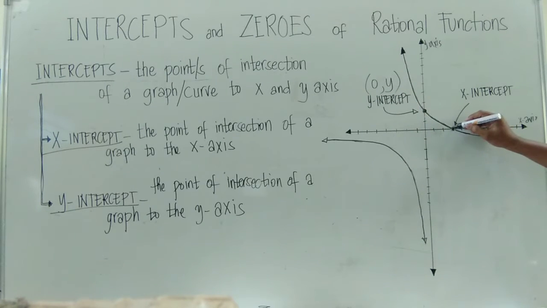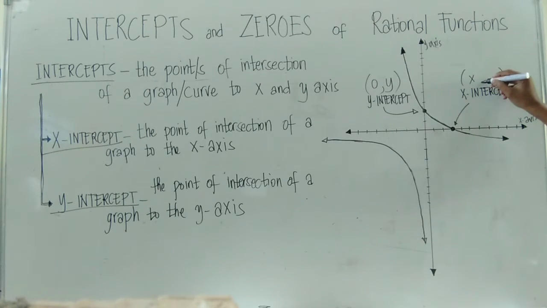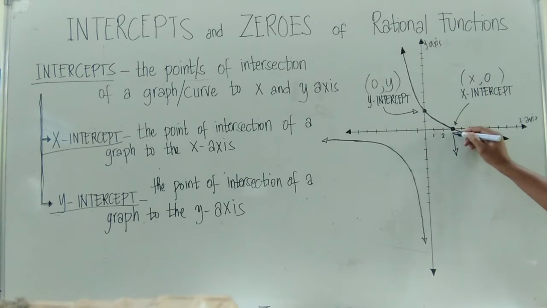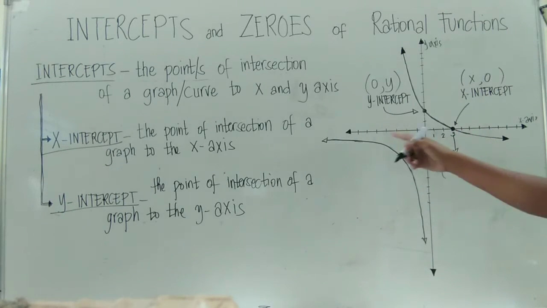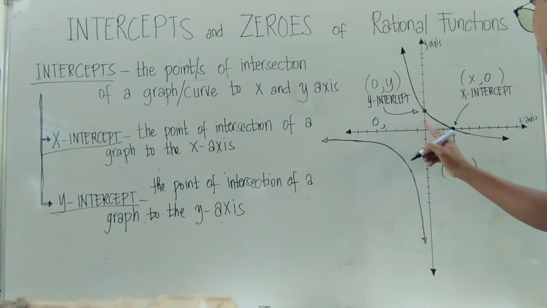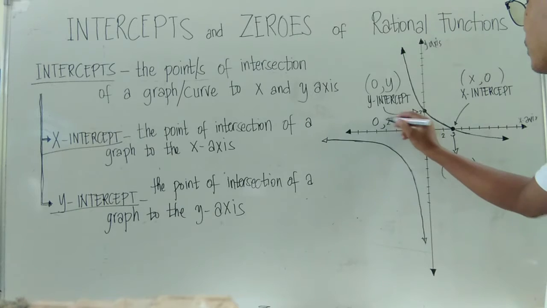Then for the x-intercept, this point has a coordinate or ordered pair of x and 0. In this actual example, we have 1, 2, and this is 3. So this point has coordinate 3 and 0, because it is on the x-axis. While this one, its coordinate is 0 and 2.